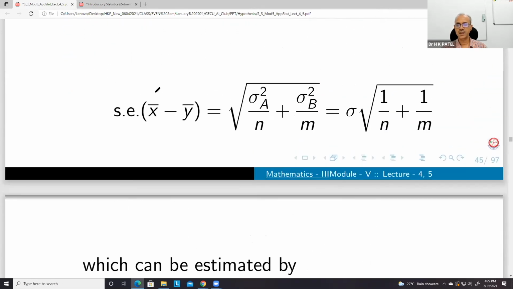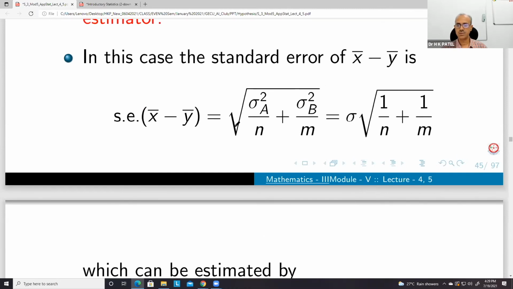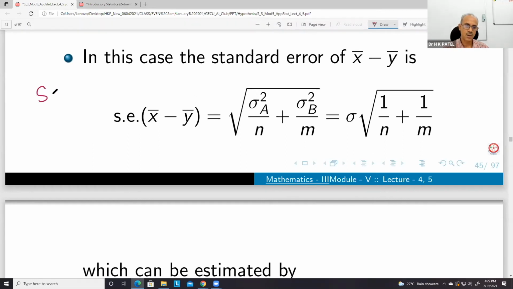So the standard error, we have already seen, is sigma A square upon n plus sigma B square upon m. And if you assume that both these are equal, then you can take it out, and therefore we get it. But we don't know the value of sigma, and therefore we will use Sx and Sy, which are sample standard deviations, to approximate sigma.